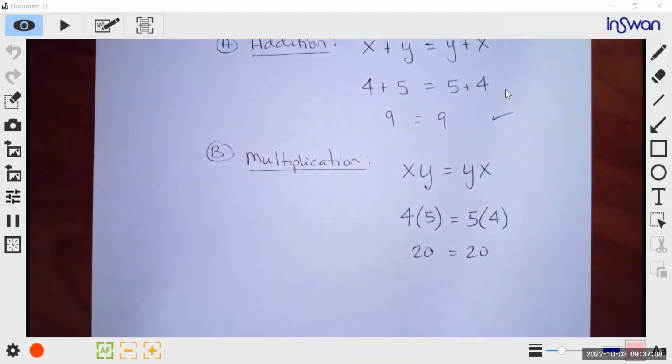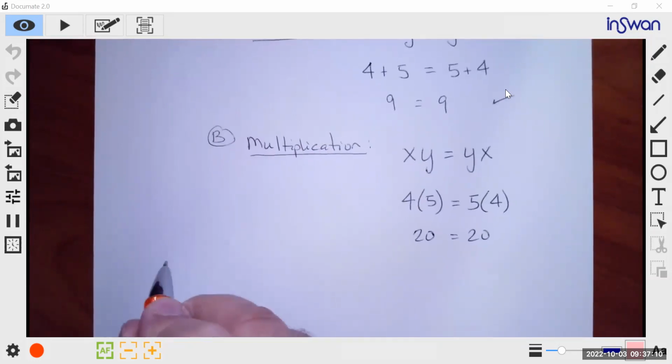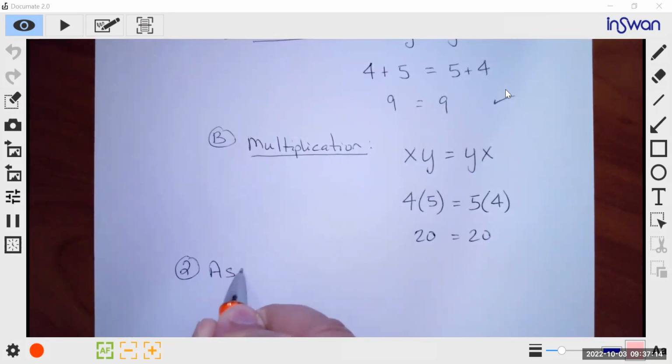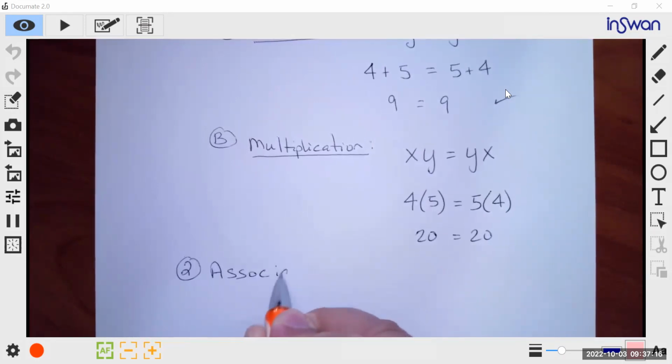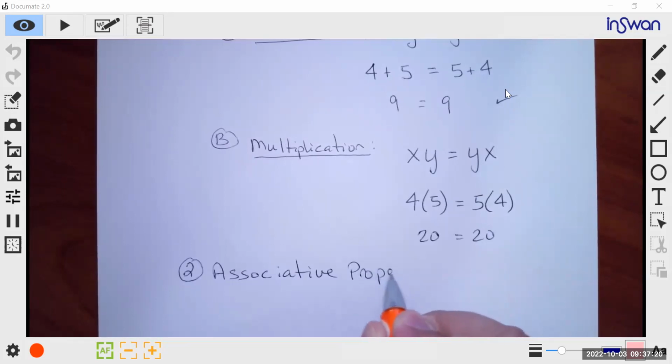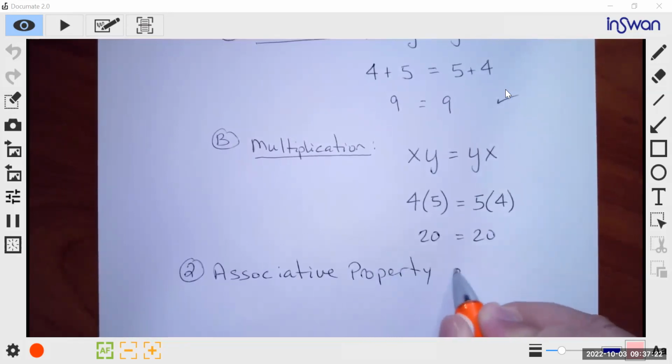All right. The second property is called the associative property of.